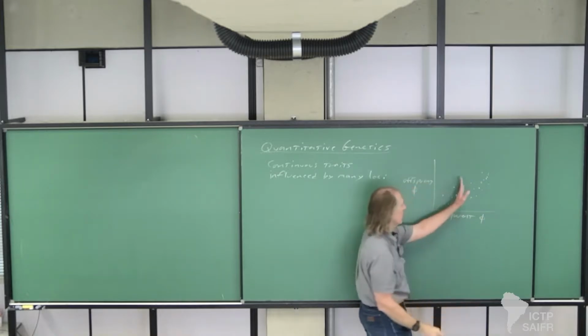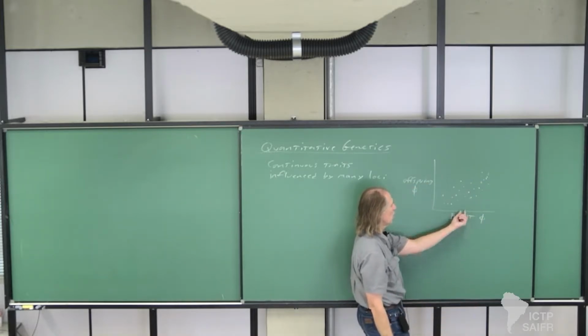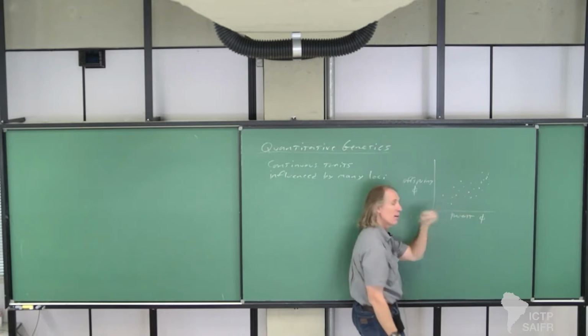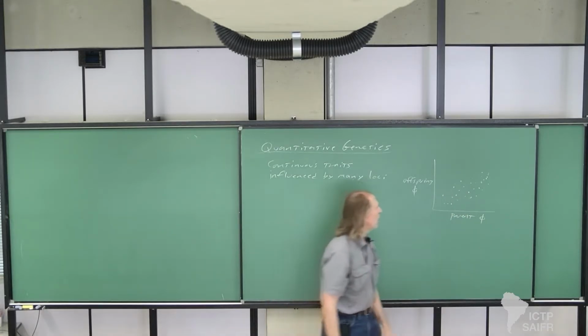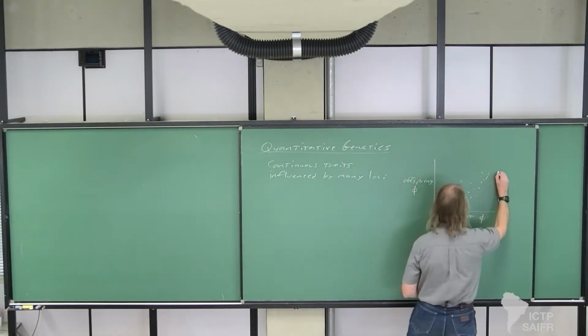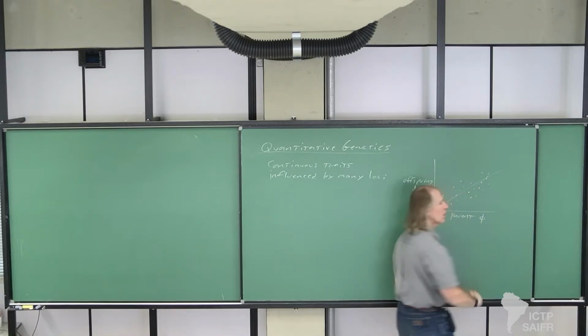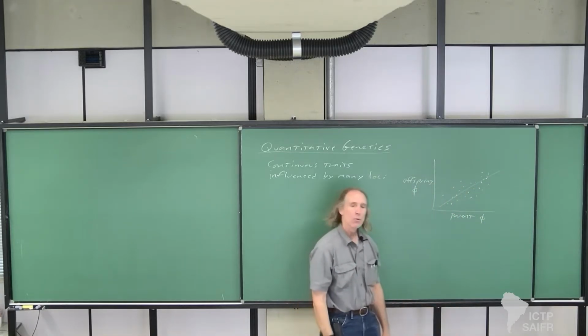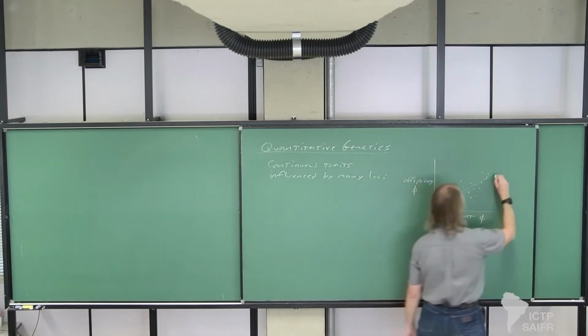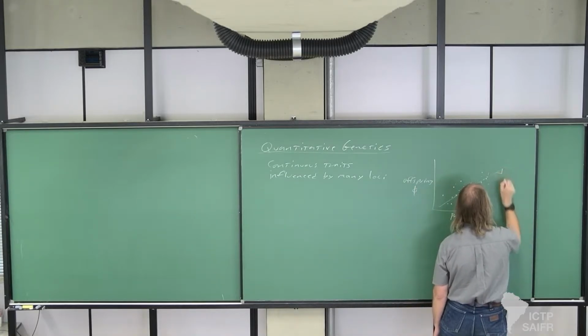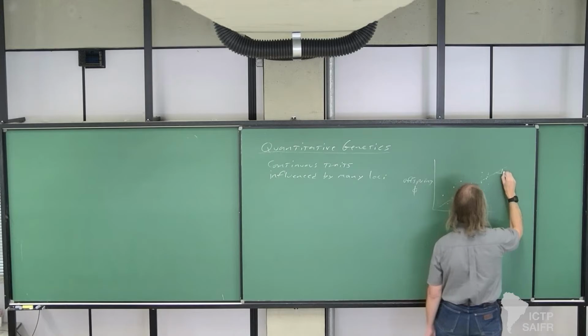There's a lot of variation for a particular range of parent phenotype values. There's a lot of variation in offspring. But you can sort of capture the relationship by taking the regression of offspring on parents. Okay. That regression, the slope of that regression, is called the heritability.